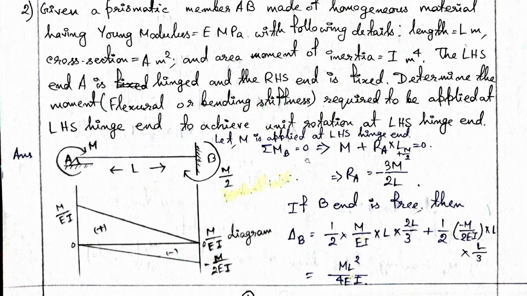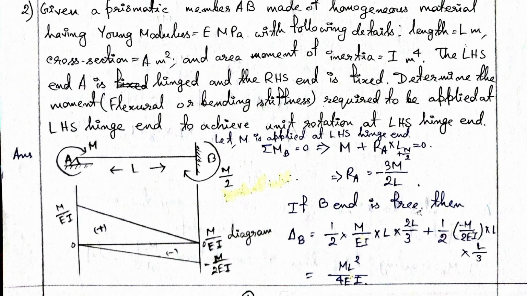We take one equilibrium equation, and by that we get capital M plus RA into L plus M by 2. We have to counter the moment, and at the B end the moment for the reaction developing at A end is RA into L. So by this equation we can get the value of RA, which is the reaction force at A.